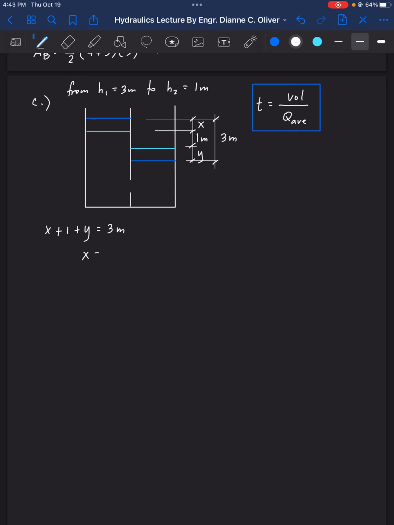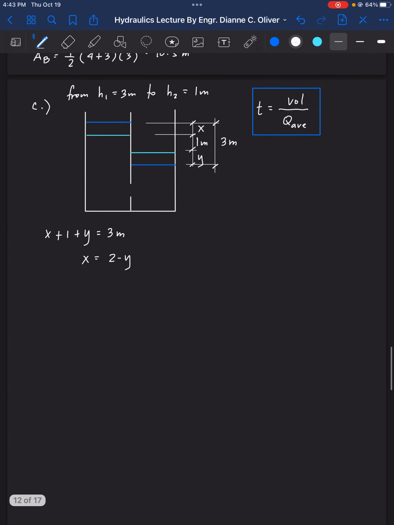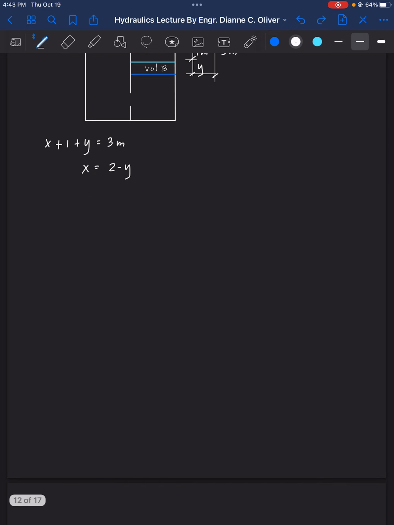Therefore, our X here is 2 minus Y. So we will equate the two volumes, volume at A and volume at B. What happened at the volume at A also happened at the volume at B, so that's why they are equal.